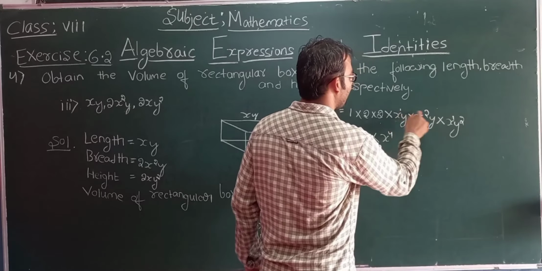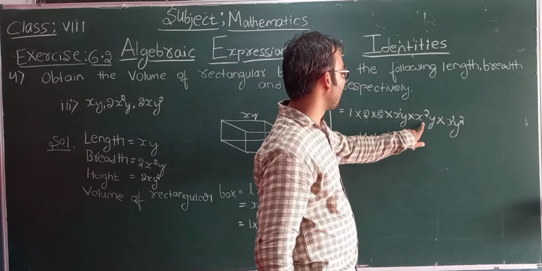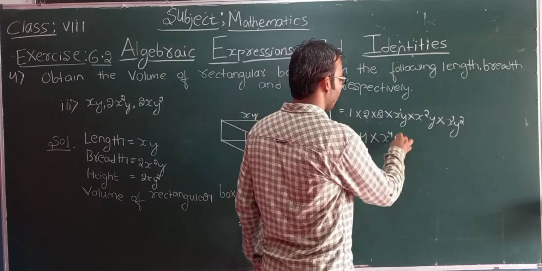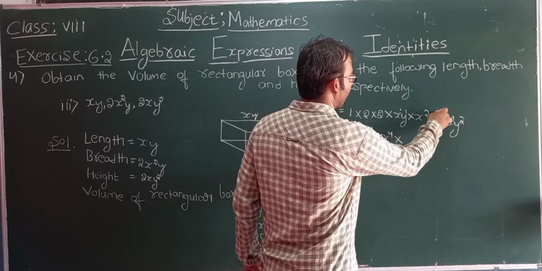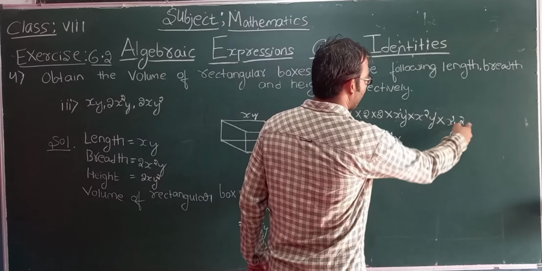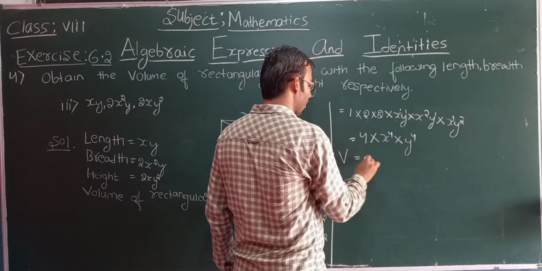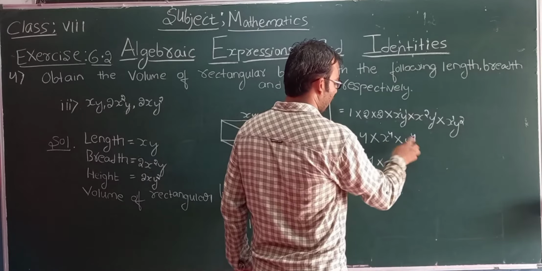Look at here, 1 plus 2 is 3, 3 plus 1 is 4. x into x square is x cube. x cube into x is x to the power 4. Now look at here, y into y is y square. y square into y square is y to the power 4. So here volume is equals to 4 into x to the power 4, y to the power 4.